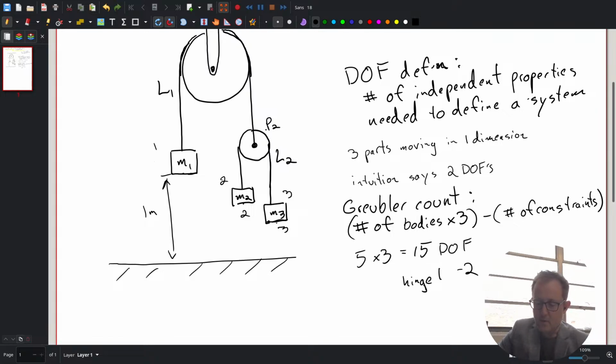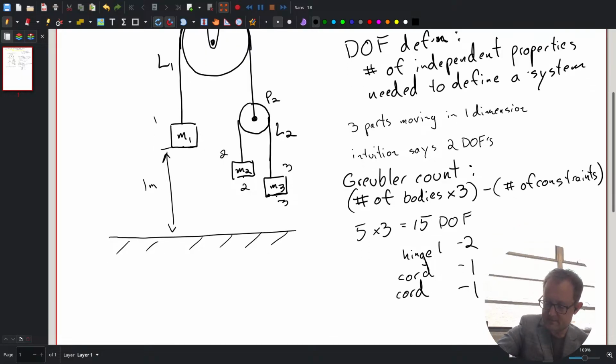Then I have a cord connecting M1 to pulley 1. So cord -1, because it's limiting that L1 has to be a constant. Then there's another cord, so another -1.